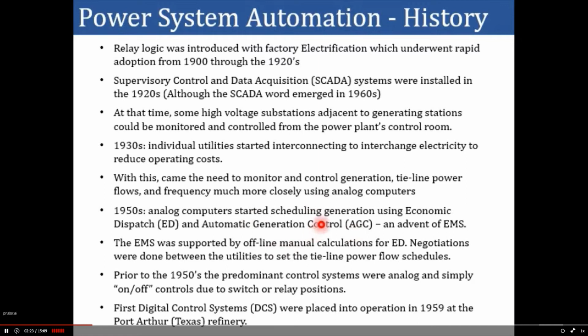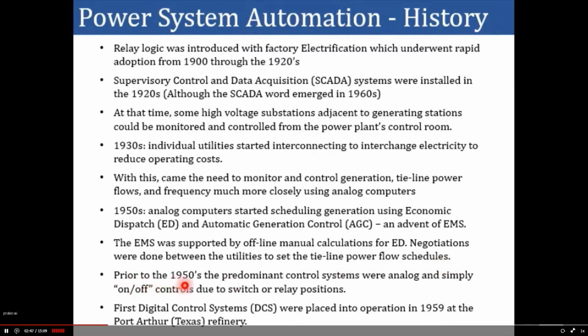So this gave rise to the advent of the energy management system, which we commonly know as EMS. EMS was supported by offline manual calculations at that time for economic dispatch, and then negotiations were done between the utilities to set the tie line power flow schedules.